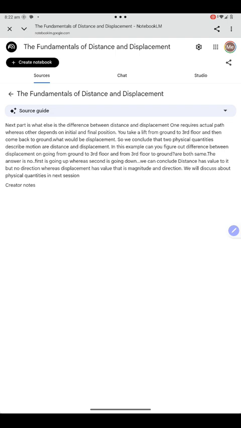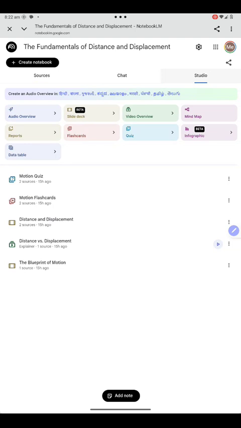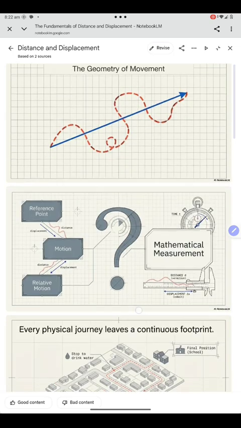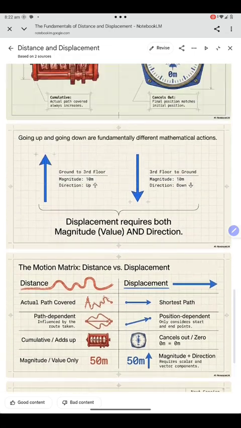Say the height of the elevator is 10 meters, then how much did you travel? You would say that I traveled around 20 meters, and that would be the actual length of the path covered.